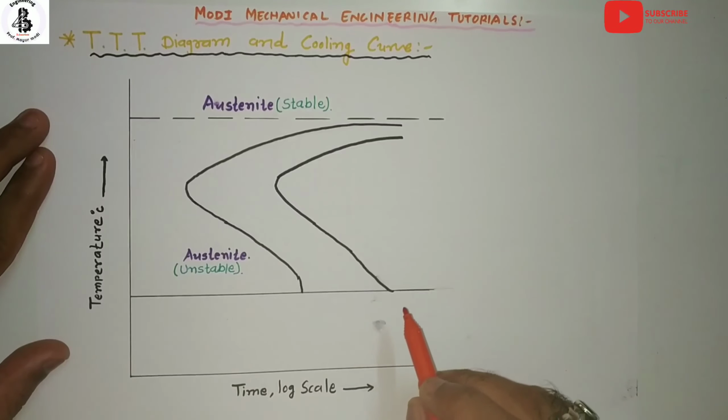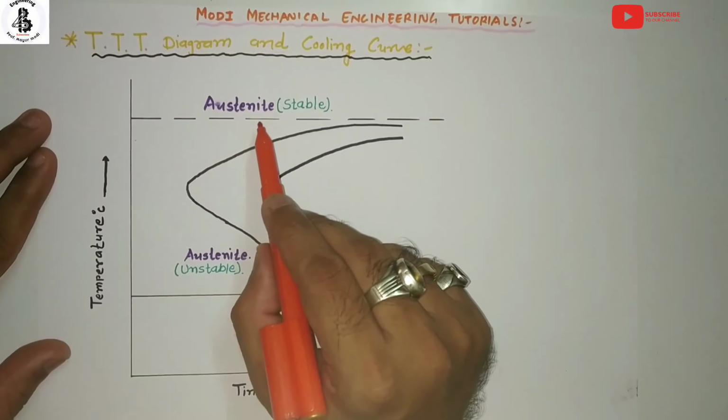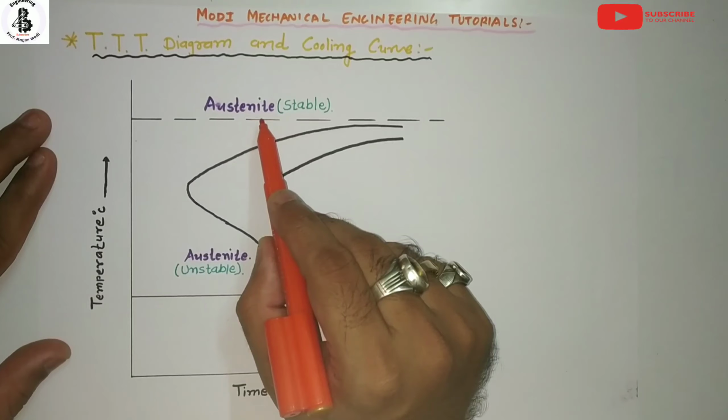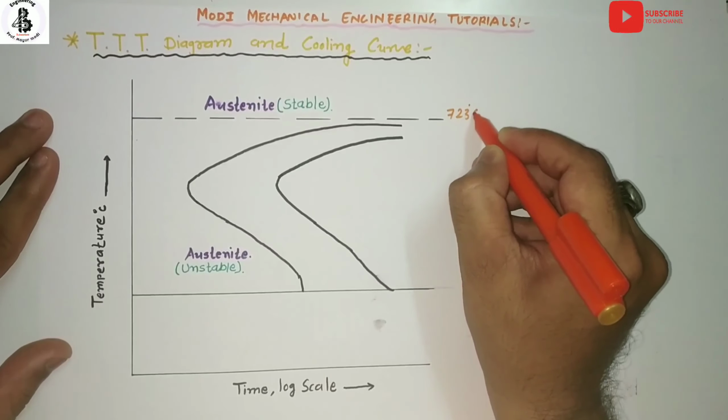Basically, this non-equilibrium cooling is applied to the high temperature stable austenite, above 723 degrees centigrade.